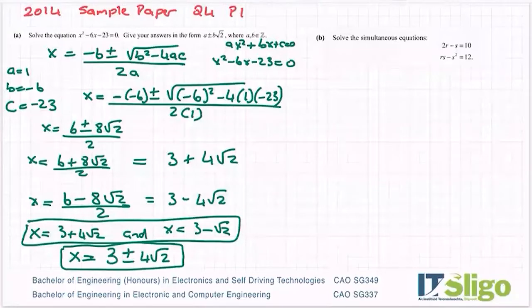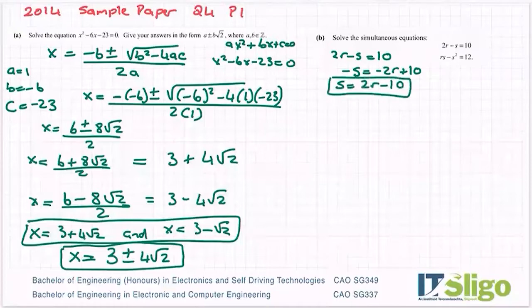So in this one, we would say 2r minus s is 10. I'm going to write it in terms of s. I don't want minus s, I want s. A common mistake that's made is that that minus gets lost when you're writing it in terms of x.